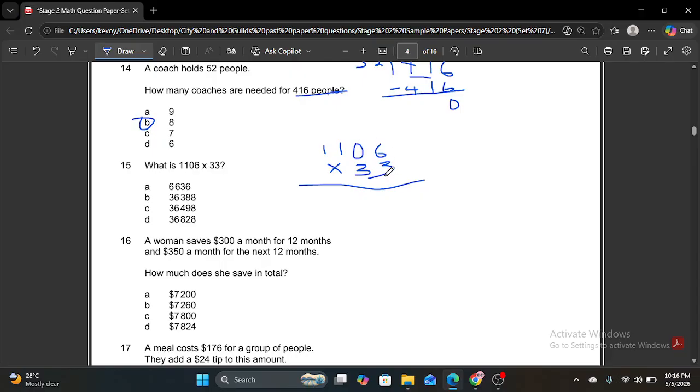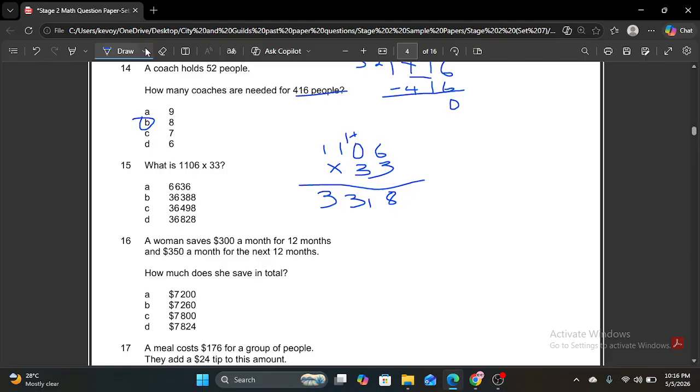So 3 times 6, that's 18. So we'll put the 8, and we're going to add 1 at the top. 3 times 0 is 0, plus 1, you put down the 1 right there. 3 times 1 is 3, and 3 times 1 again is 3.